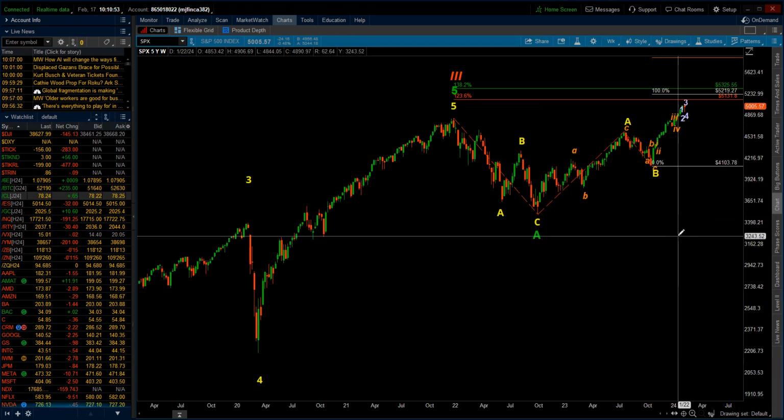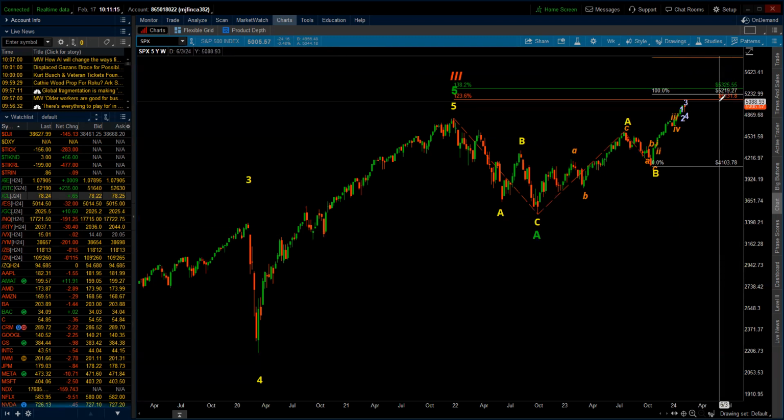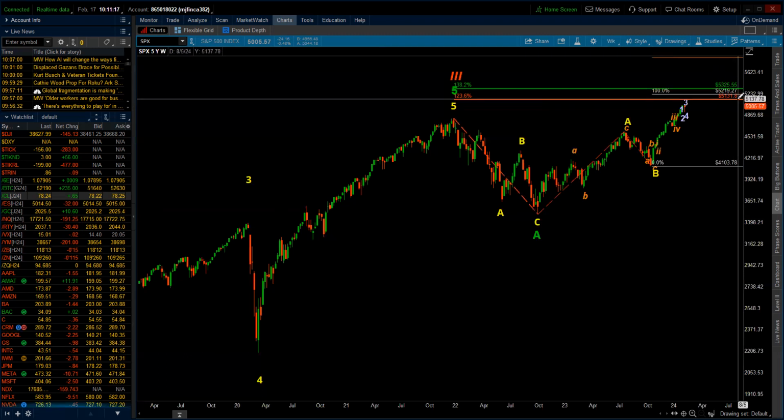Now, when that occurs, we have particular Fibonacci extensions, which then give us an indication of where the market can go within this irregular move. The first is 1.236, and that comes in here on the SPX at 51.32.